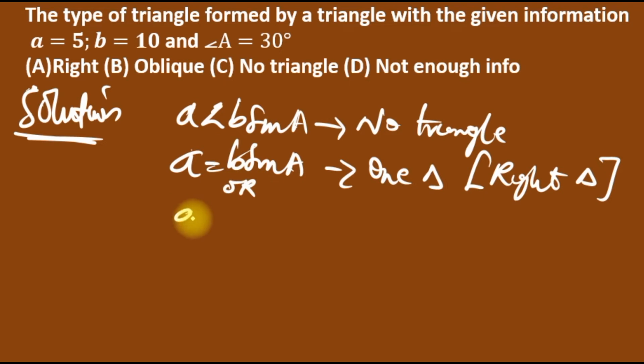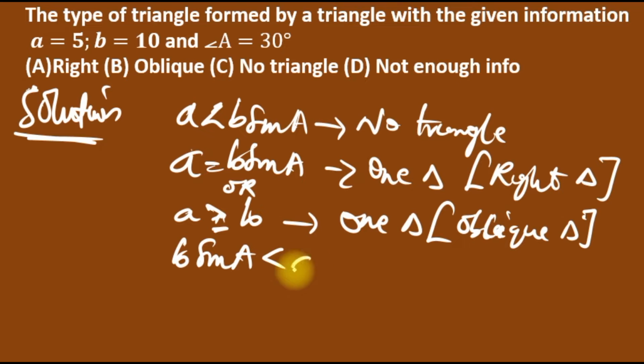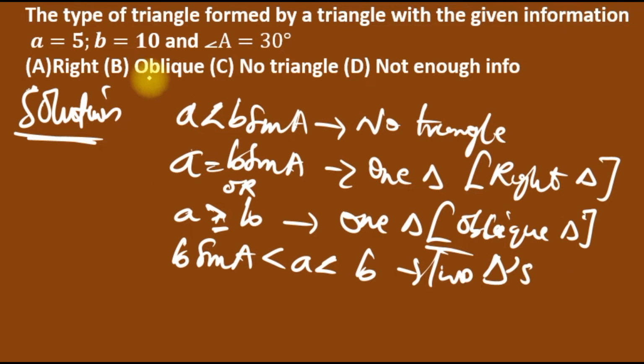Or if a is greater than or equal to b, it is also one triangle, but in this case an oblique triangle. Finally, if b sine A is less than a and a is less than b, two triangles. So let's check this.